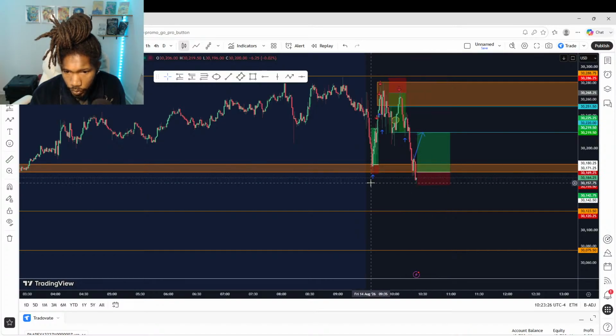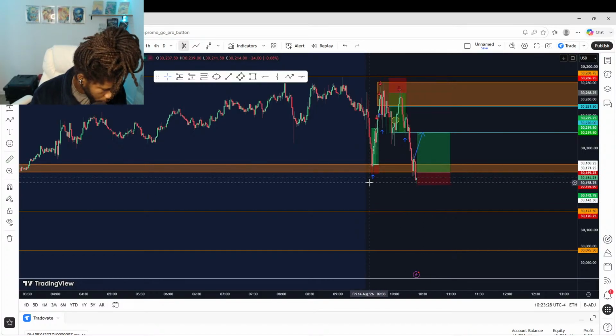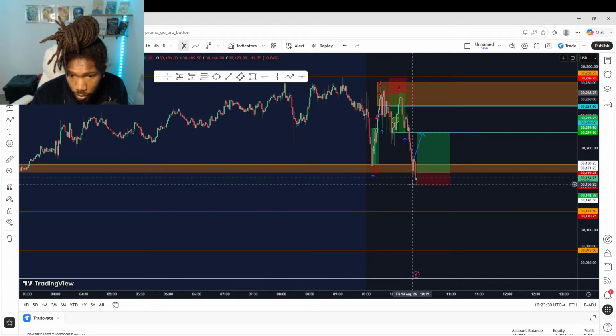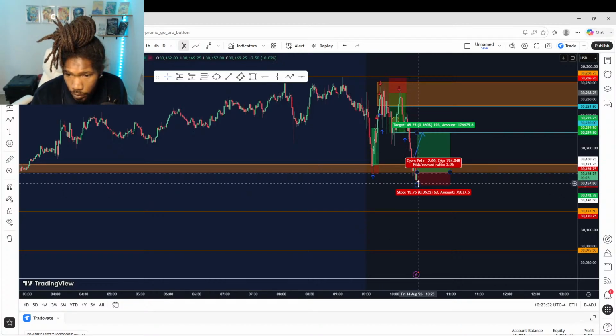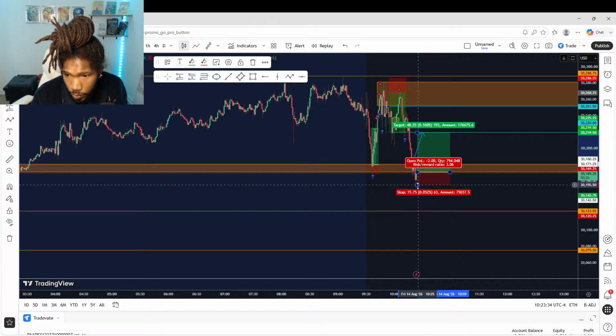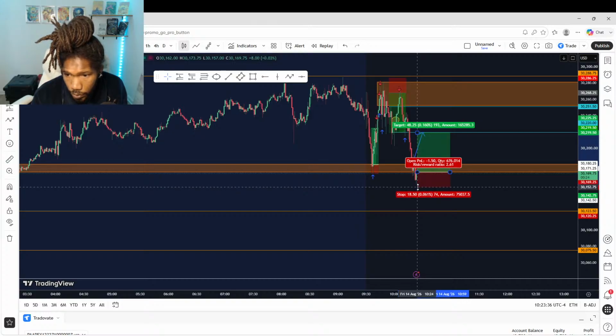Now it's only 63 point risk. 157 is the low. So we need to take this to 167, 47.